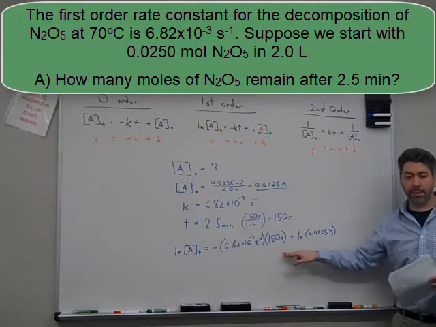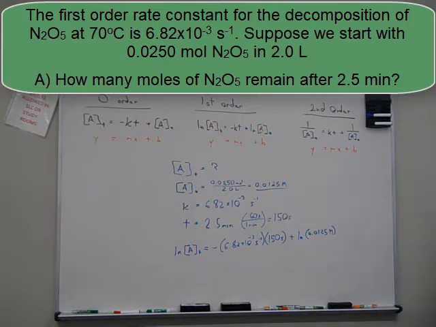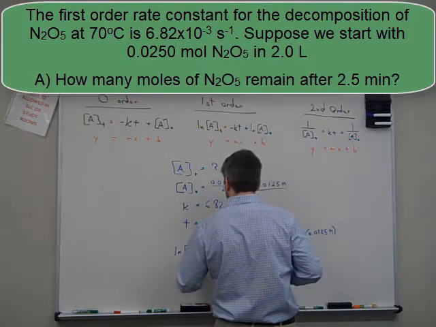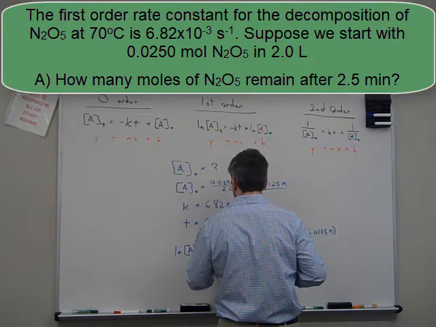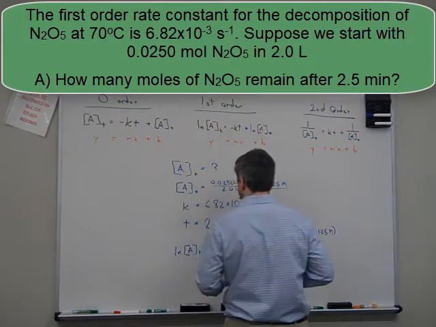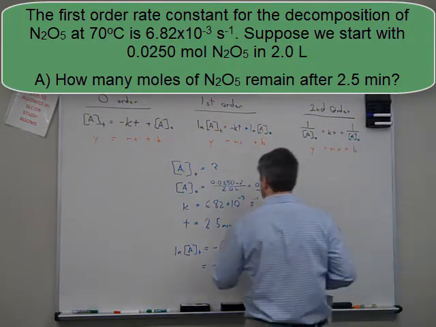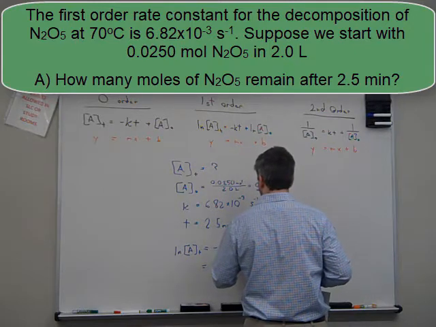Now what does that give me if I multiply it up? Negative 5.4. So negative 5.4, anything else? 5.40. 4.